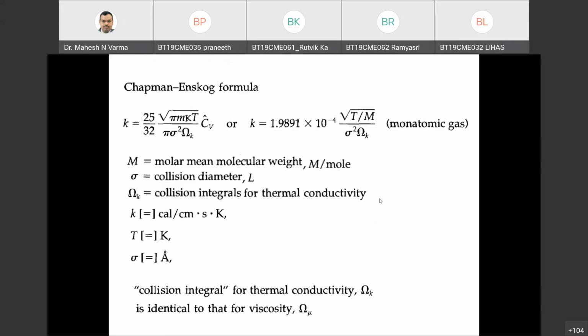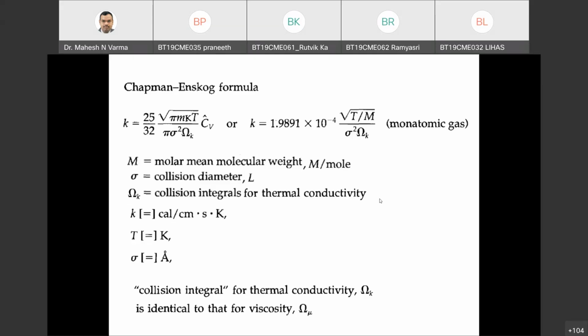When molecules are closer to each other, the interacting forces will play a role. To estimate the magnitude of this interaction, you need to go into the details of statistical thermodynamics and molecular dynamics simulation.